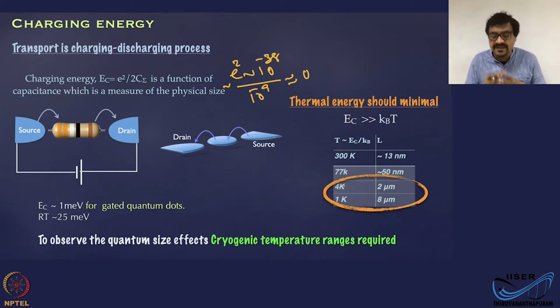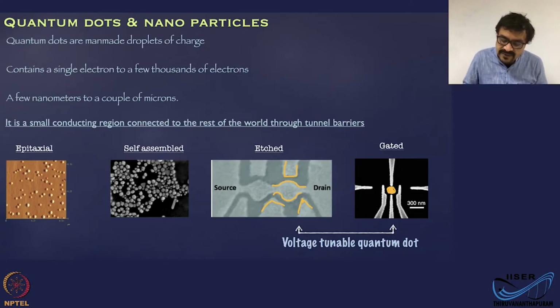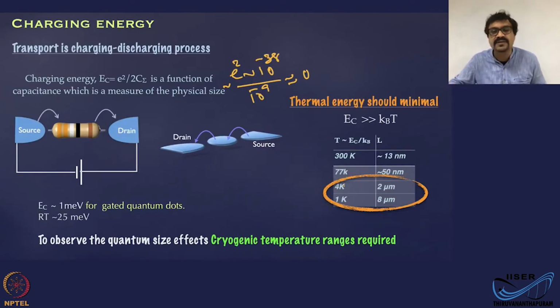But now let's consider one of these materials, a quantum dot of the size of a few tens of nanometers to a micrometer. And you can work out its self-capacitance.